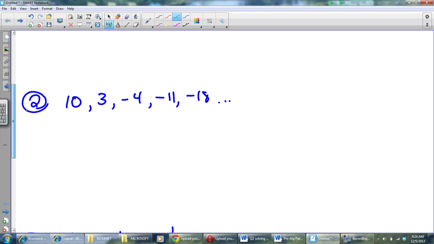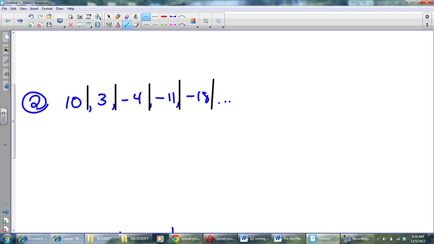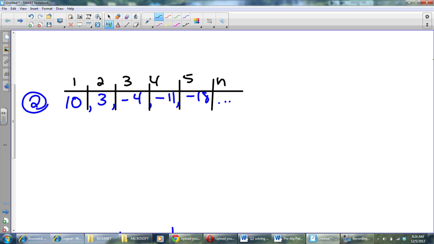Okay, here's the second one. Again, I want you to try it on your own. If you're ready to see my solution, let me know. If you're still watching, here comes my solution. Make my little table, and I'm going to fill in the numbers 1, 2, 3, 4, 5, and then n.